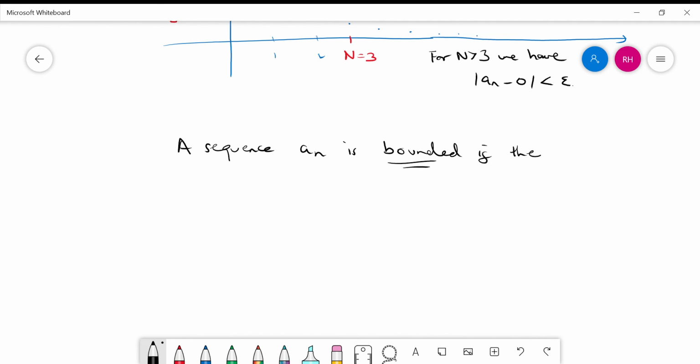If there is an M such that the size of a_n is less than M for all n. I don't think I want to go into too much detail about that. I think that's all I want to say about sequences.